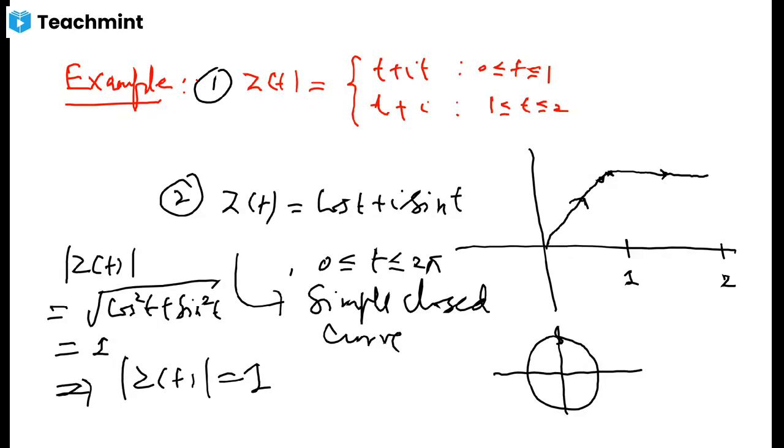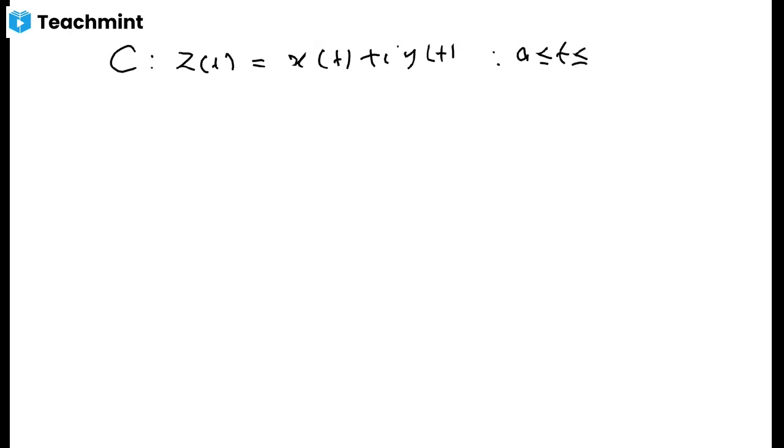We will be dealing with some further special kinds of curves or arcs. We have an arc C given by x of t plus i y of t, where this is the parameter interval. What we wish is for these functions x and y to be smooth functions.